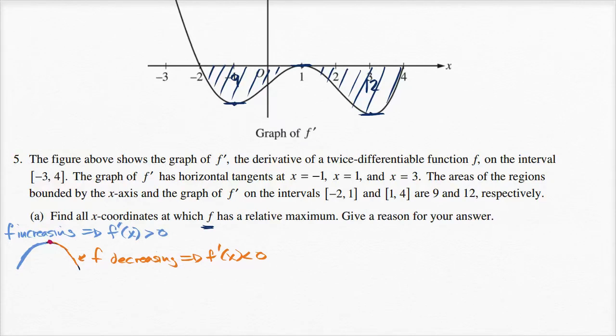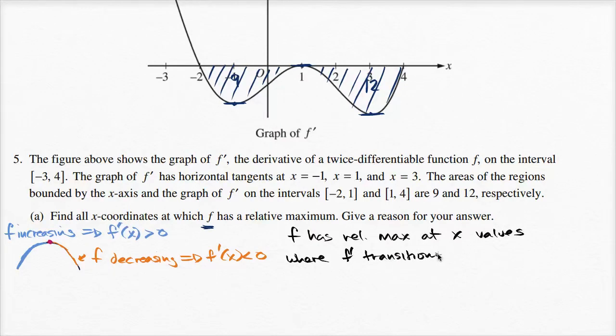So what x values? Let me say this. So we have f has a relative maximum at x values where f prime transitions from positive to negative.